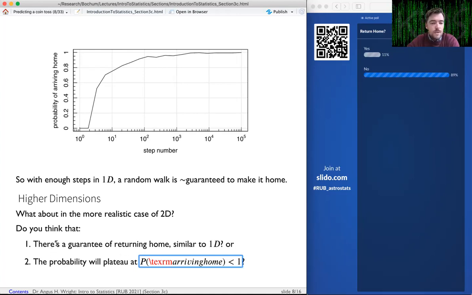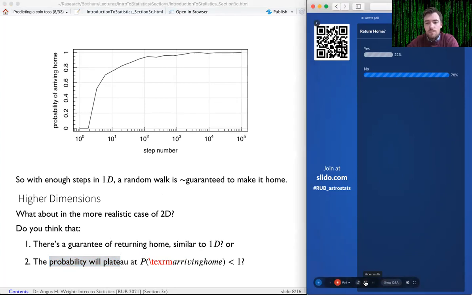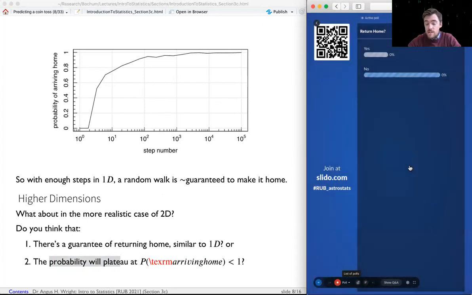So after a possibly infinite number of steps, will you definitely return home at some point in 2 dimensions, or will you not return home? Do you think that you'll plateau out with some finite probability of returning home, and therefore that there is no guarantee that you will return home?